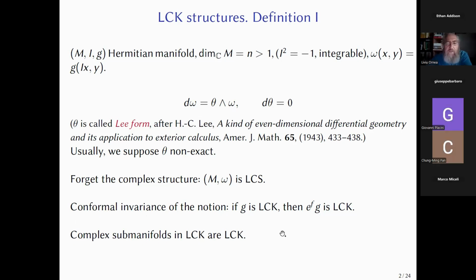And obviously, complex submanifolds, if they exist, inherit the structure. Let's forget about curves; this is, of course, another thing. Curves are scalar, so it's more difficult to analyze the existence of curves in LCK, in compact LCKs.